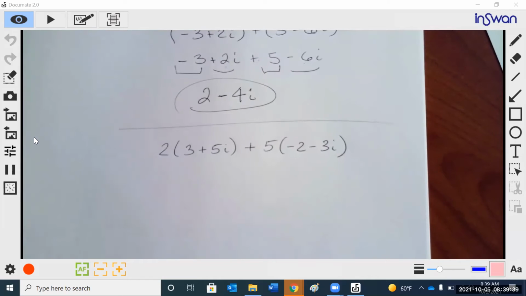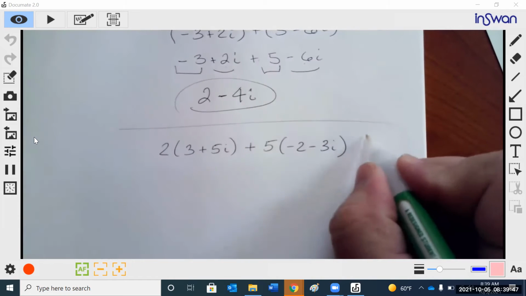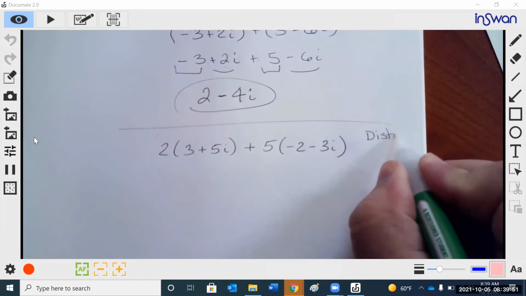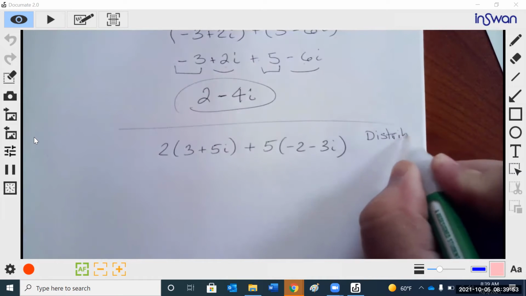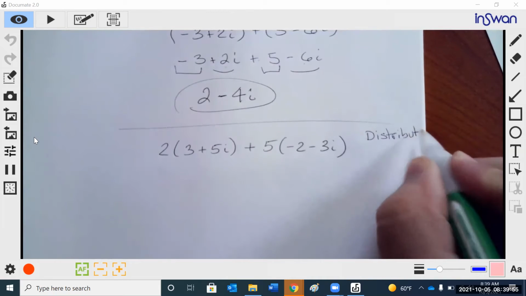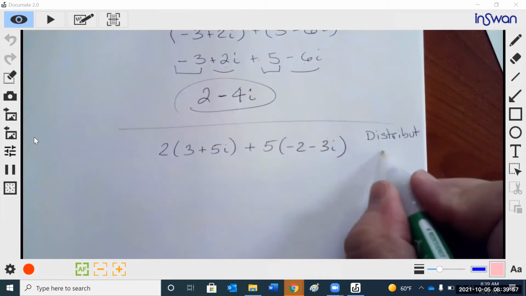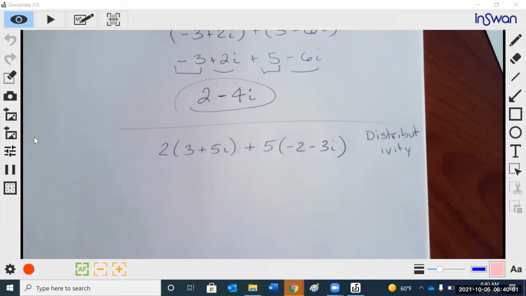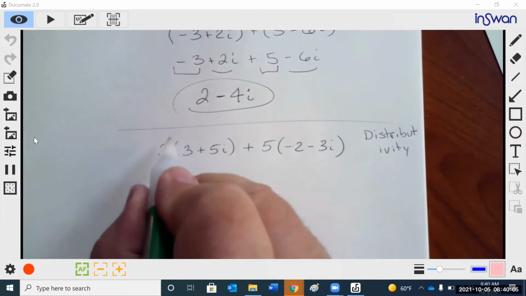Very good. What's that called? The process. You're right. Multiply by the coefficient. What's that process called? Distributivity, because you're distributing the coefficient.